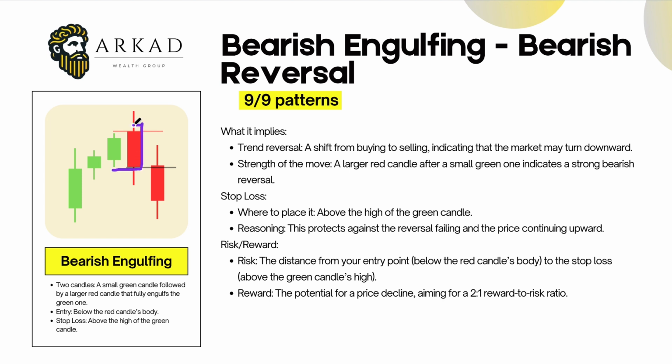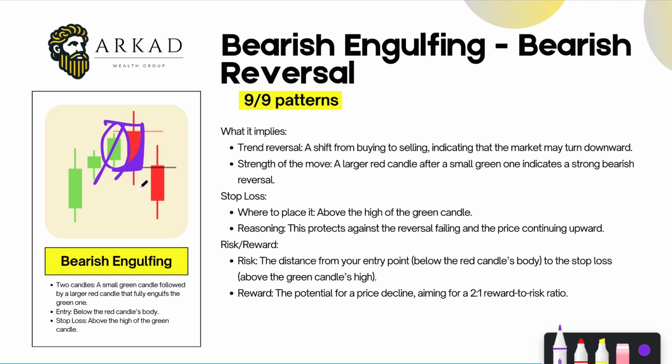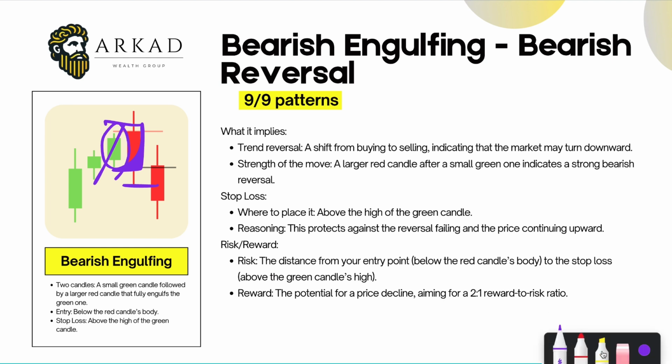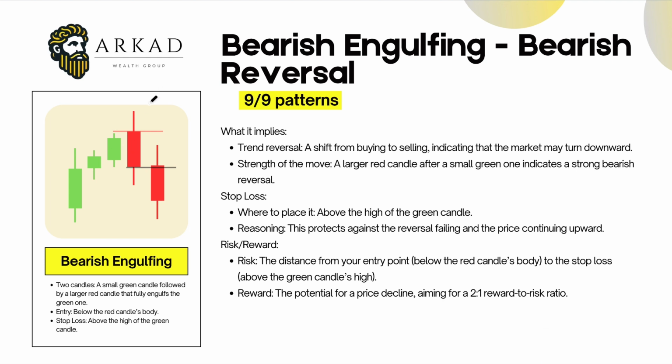So this entire, even just the body, is engulfing the smaller green candle right here. It shows that there's more volume on the selling side. So it sort of means that there's going to be a downtrend happening very soon. Everyone in the market's selling, not everyone, but that's why it's going to start doing a bearish reversal.